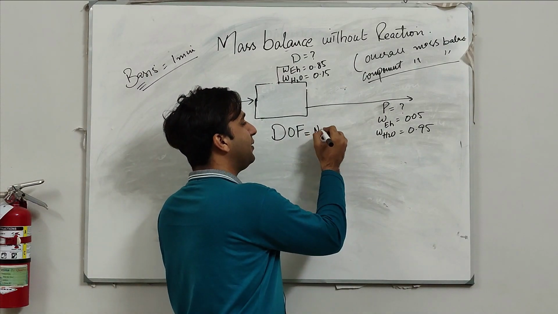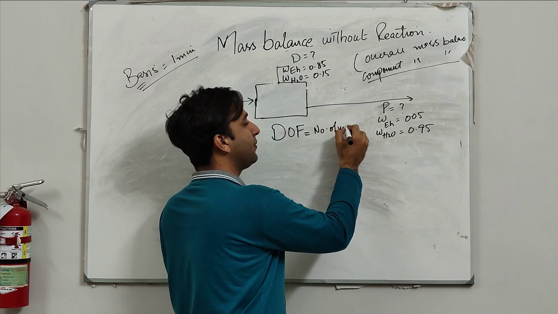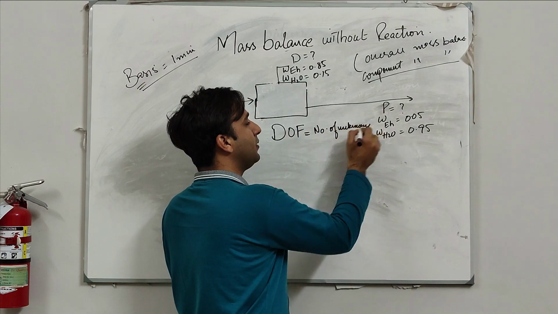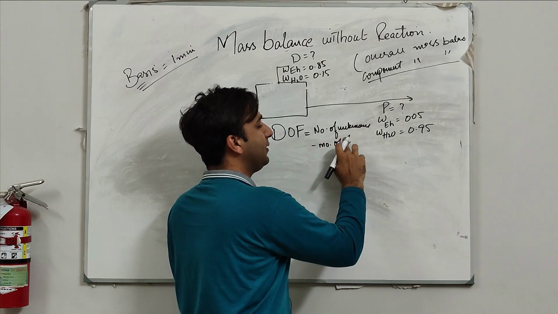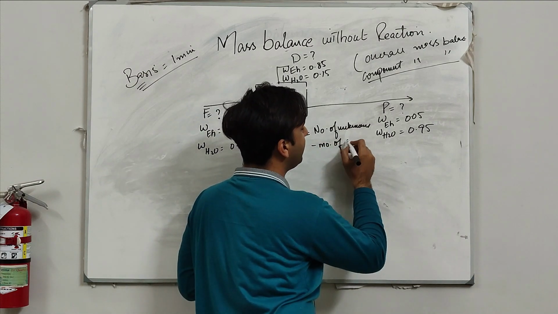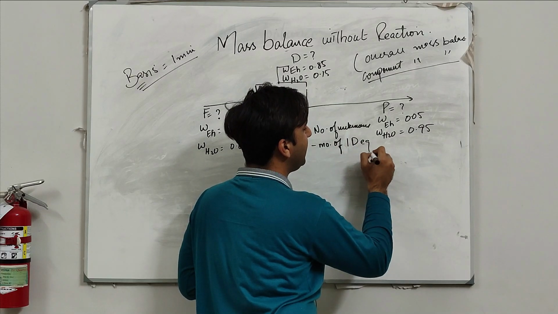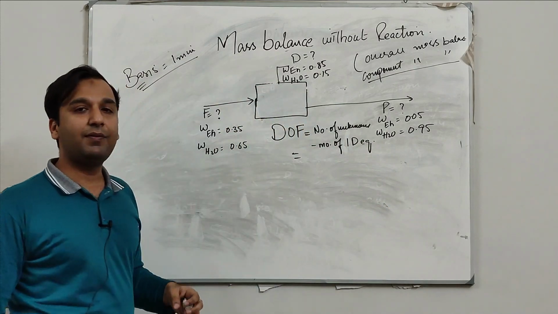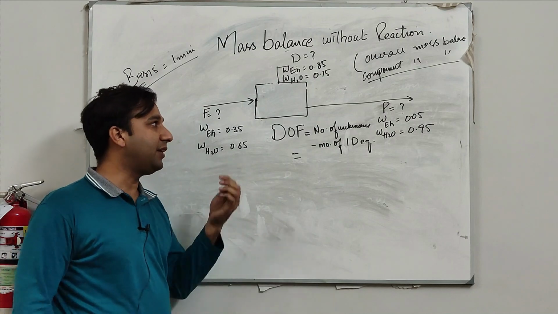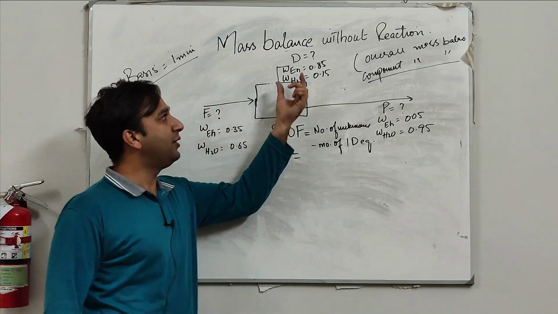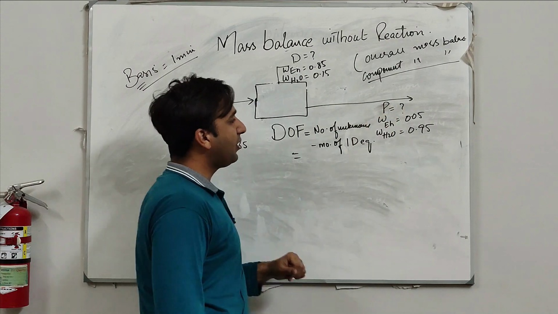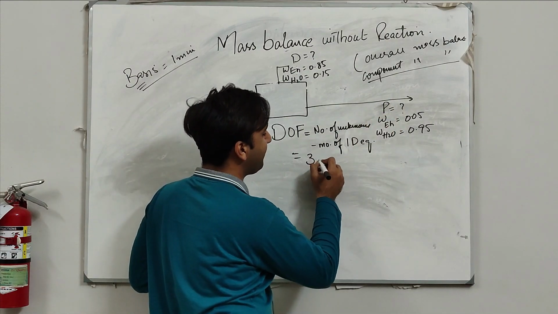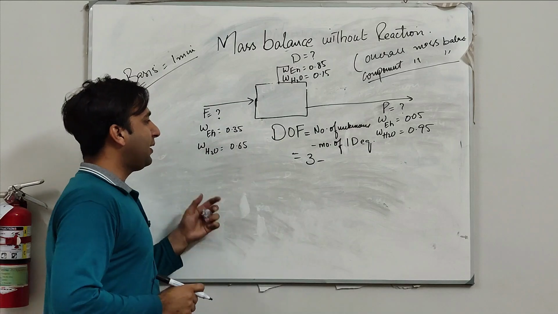So first of all we will find the number of unknowns. Here we don't have F, we also don't have D, we also don't have P. So the number of unknowns will be 3 minus the number of independent equations.